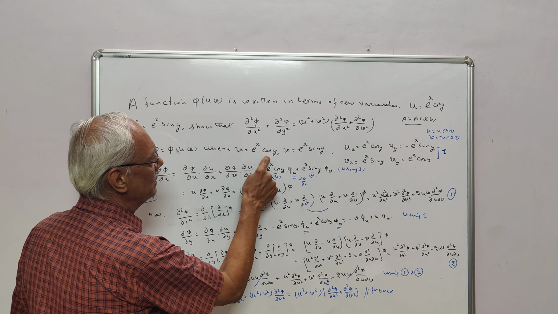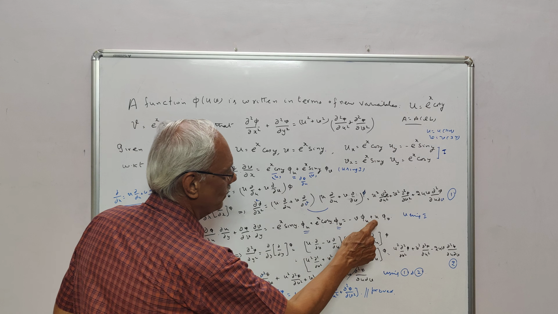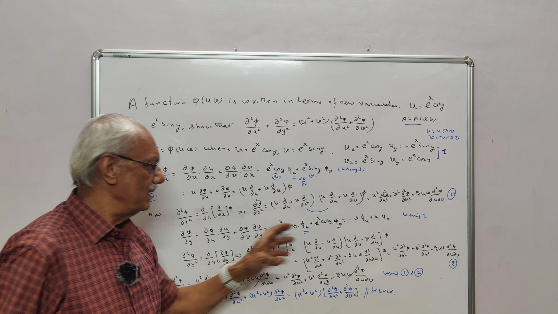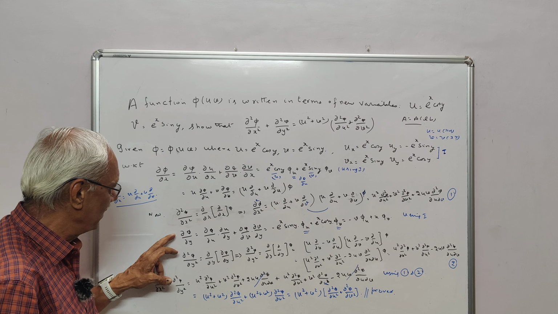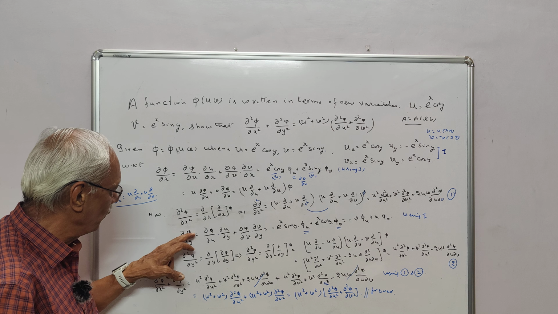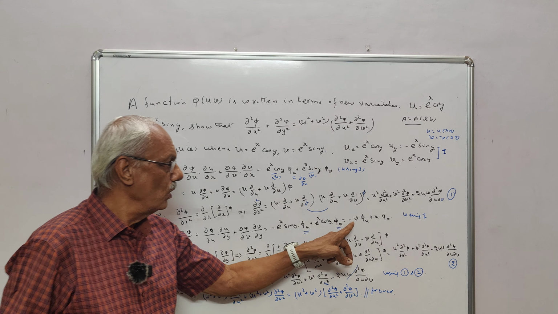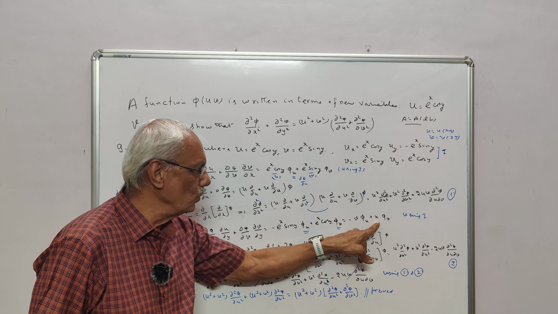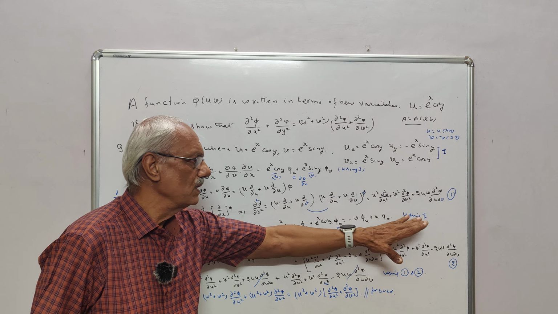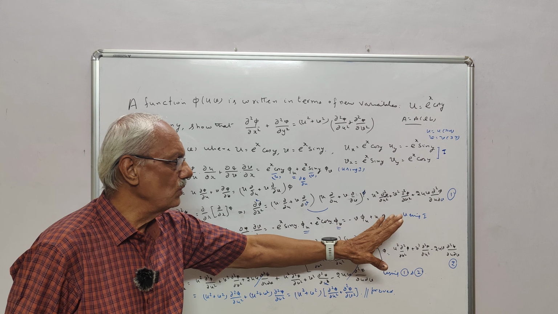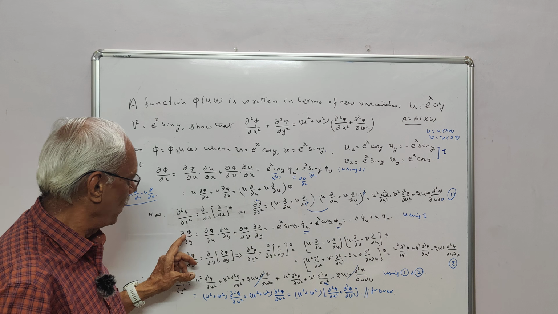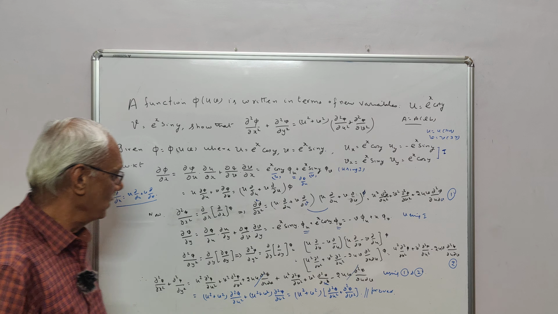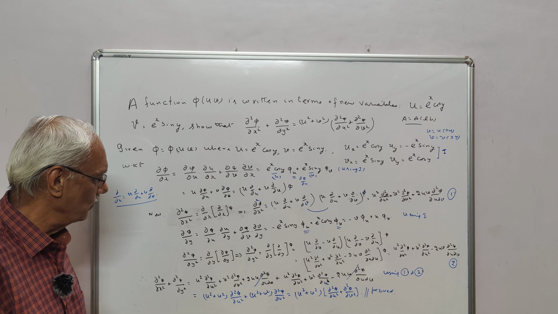It is given that u is equal to e^x cos y, so I write it as u phi_v. That means the derivative ∂phi/∂y is equal to minus v ∂phi/∂u plus u ∂phi/∂v. Using 1, we are able to get this result.